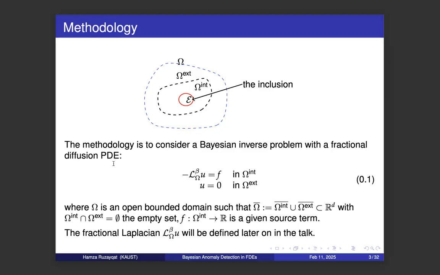The methodology is to consider a Bayesian inverse problem with a fractional diffusion PDE: minus the fractional Laplacian of u on omega equals a source function f inside omega internal, and u is 0 in the omega external. We will see later why we have these two domains here.